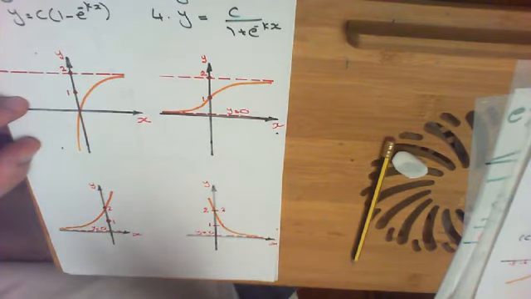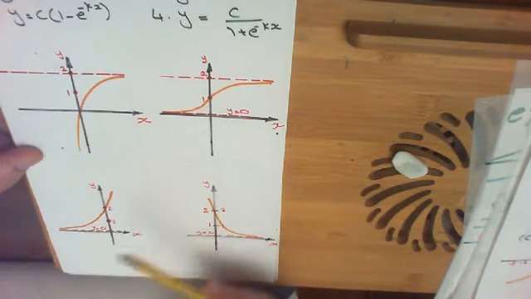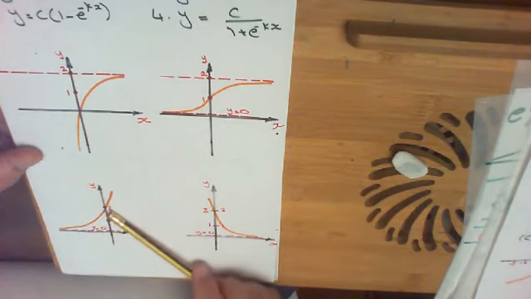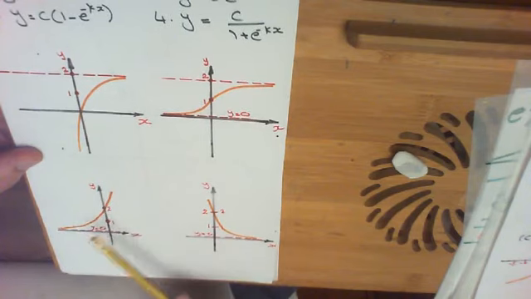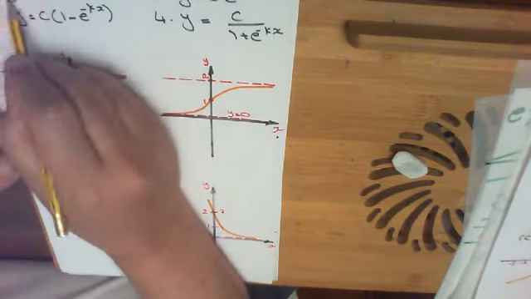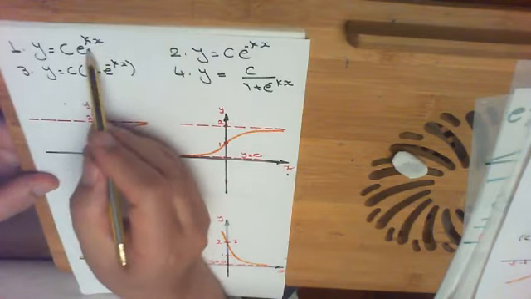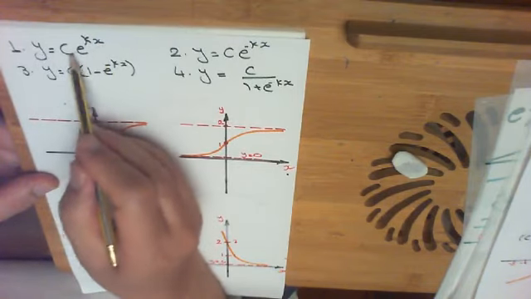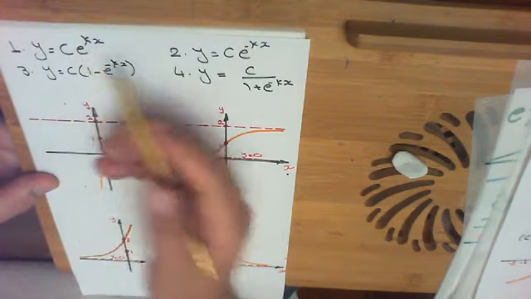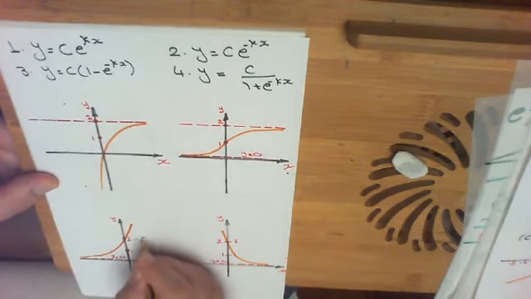But as given, at x equals 0, the curve passes through 0, 2. Here, at x equals 0, y equals c. For e to 0 is 1. So as you see, c will be 2.